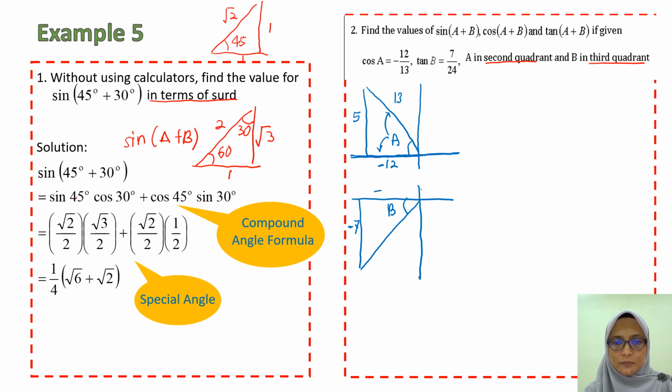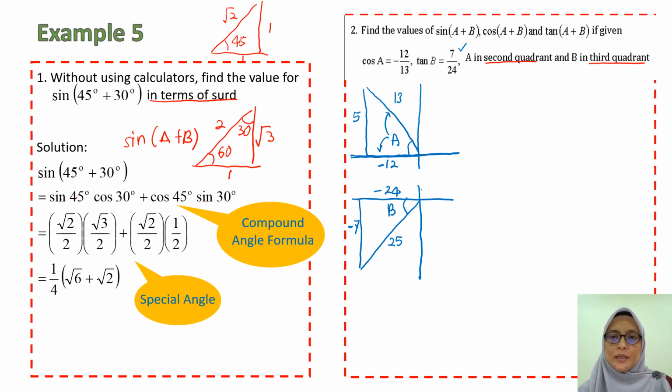So ini pun sama juga sebab ini negative x-axis, so negative 24. So bila kita ambil balik negative 7 over negative 24, that's why sini dapat positive value. So dia punya hypotenuse, by using Pythagoras theorem, kita akan dapat 25. Right, so kita dah ada value for our diagram.